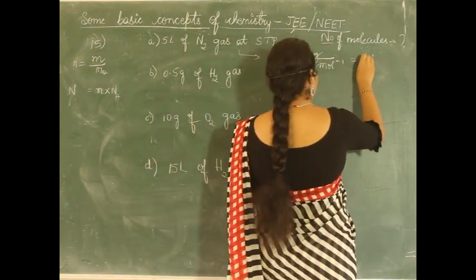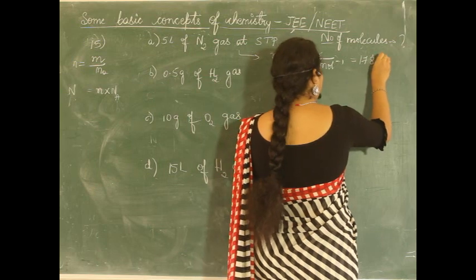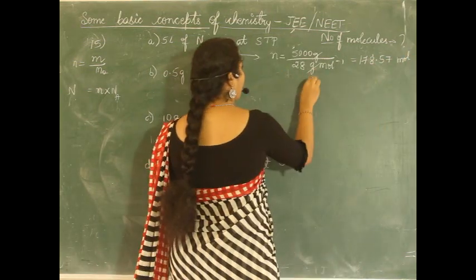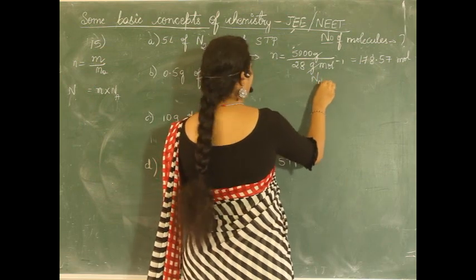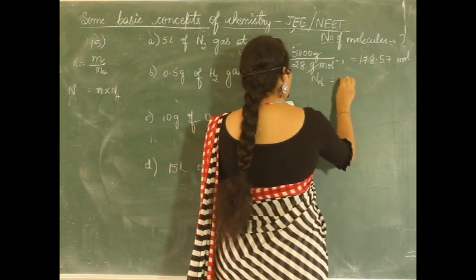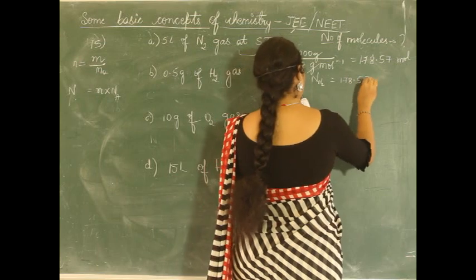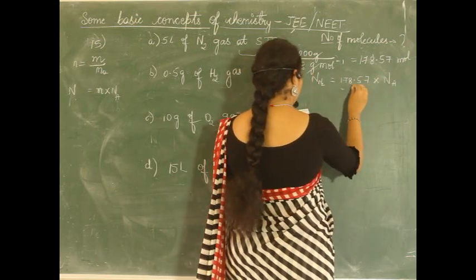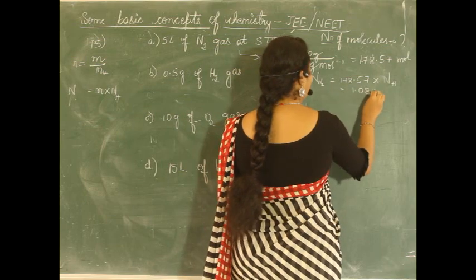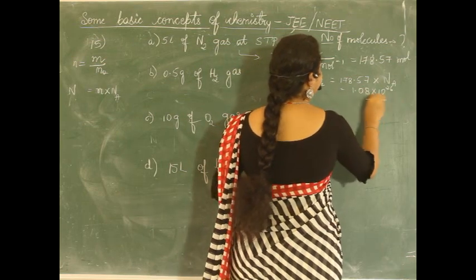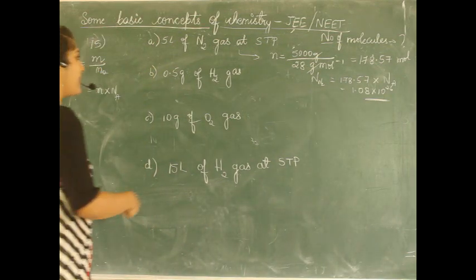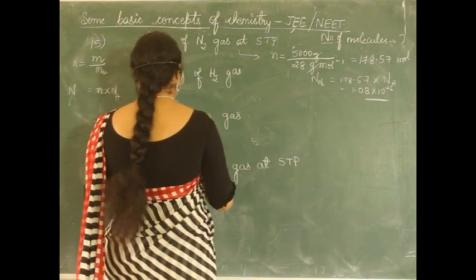So you get it as 178.57 mole. So what will be the number of molecules? Number of molecules is equal to 178.5 N into Avogadro's number 6.023 into 10 to the power 23. It comes out to be 1.08 into 10 to the power 26. Same way calculate for the rest of the options as well.